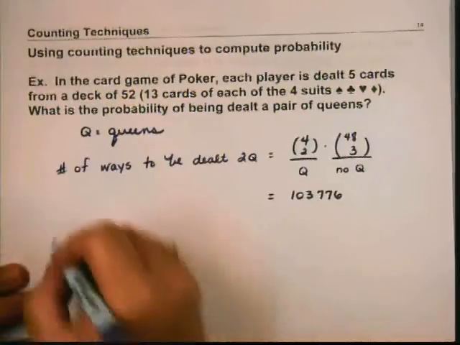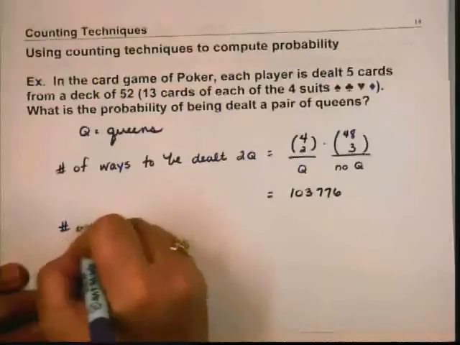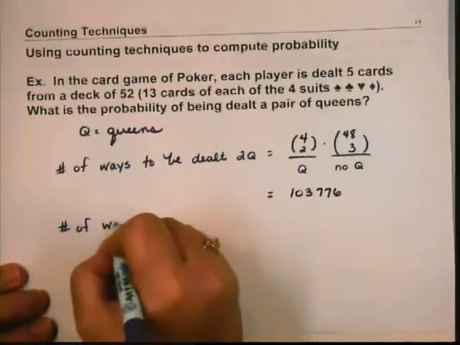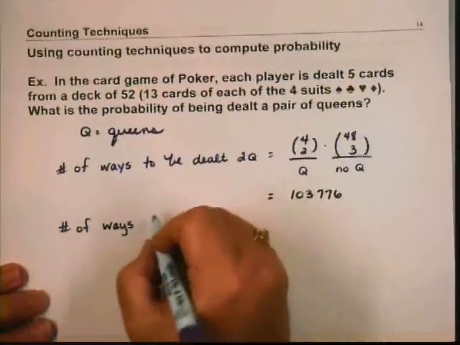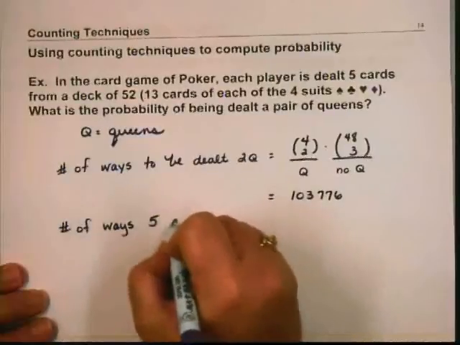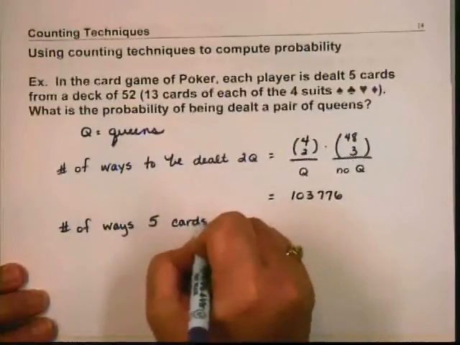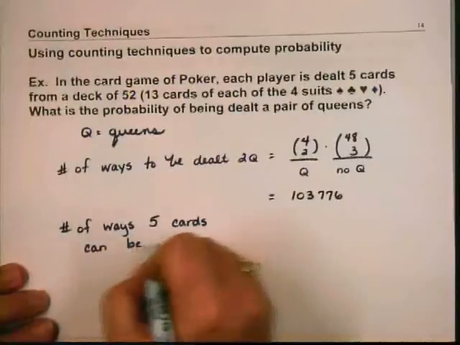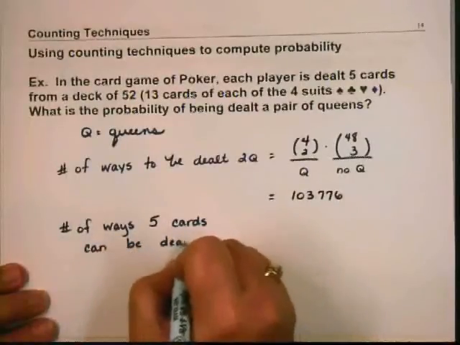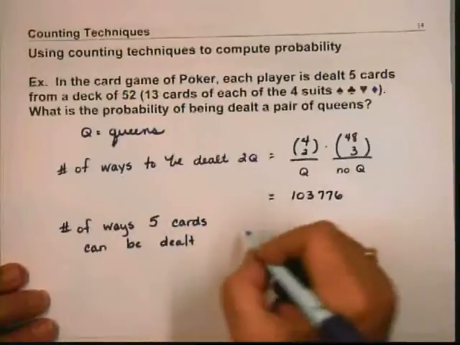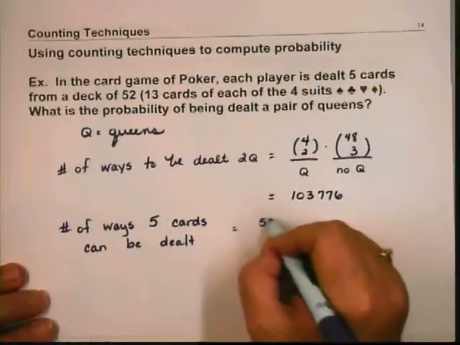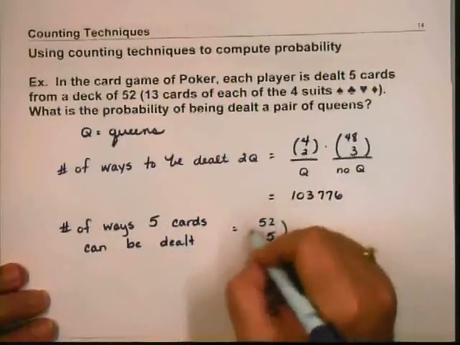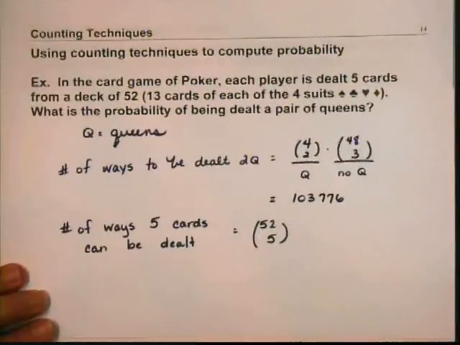Okay. So the number of ways 5 cards can be dealt to you is going to be equal to 52, choose 5, right?